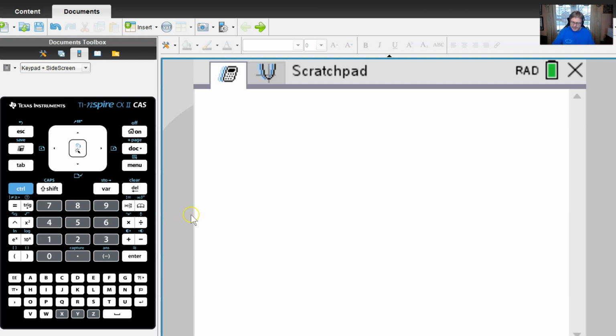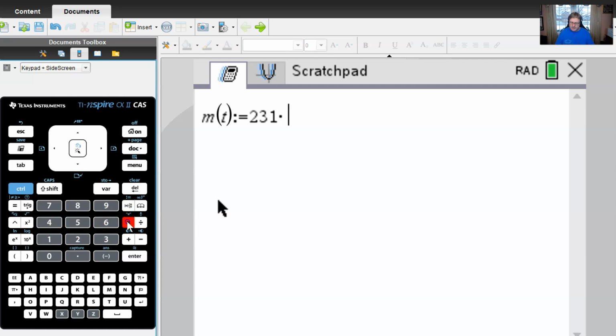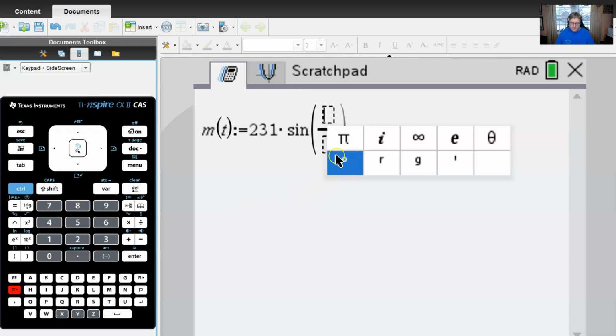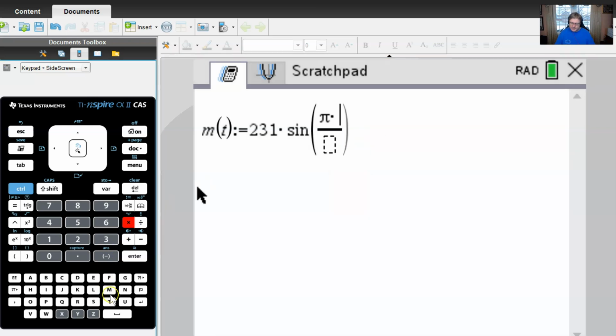And I'm going to go ahead and type in m of t, because that is my first expression that I would like to store. And the control math template button there next to the 9 will give me my colon equal. And then if you recall, I had 231 times, which does not have to be entered, but it's nice to put it in there just to be sure, times the sine, and then I have the fraction, control divide, pi times t, all over 24.